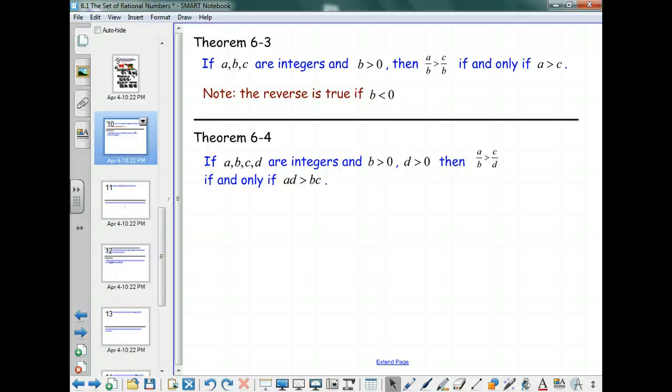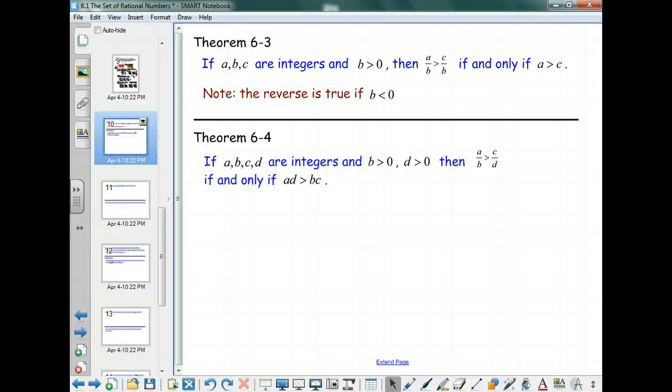The inequality goes in the same direction as long as the denominator is positive. So this is a greater than sign, and this one's a greater than sign. If B is negative, the denominator is negative, then the direction of the inequality will change. You encountered this in algebra when working with inequalities: if you multiply or divide by a negative, you have to change the direction of the sign. If you don't remember, it's okay, but this is what's going on.